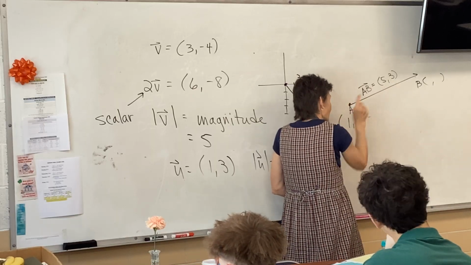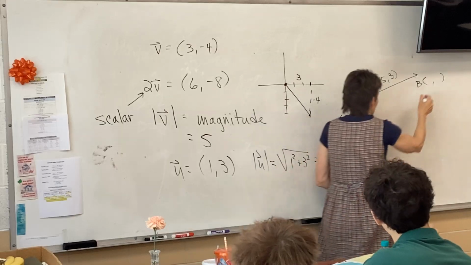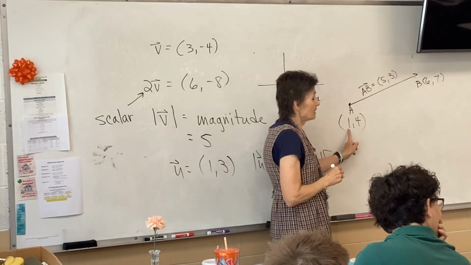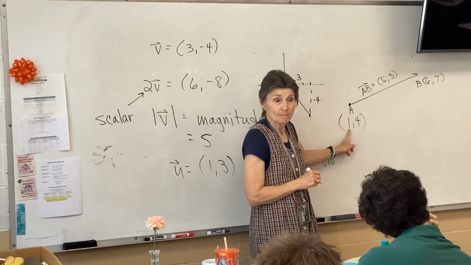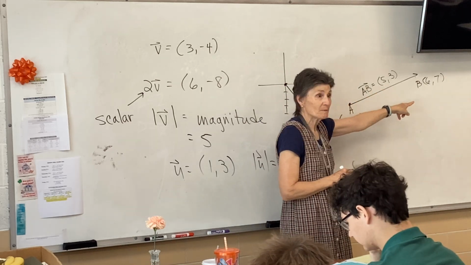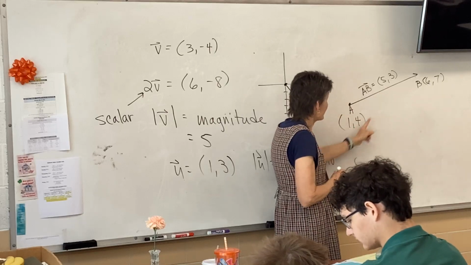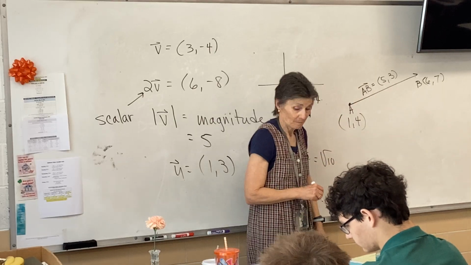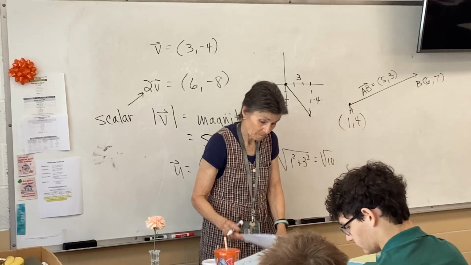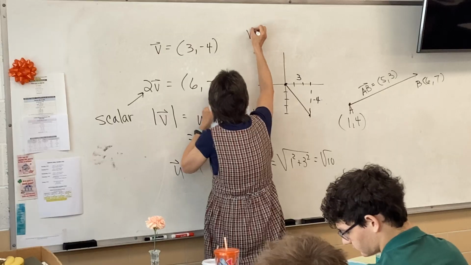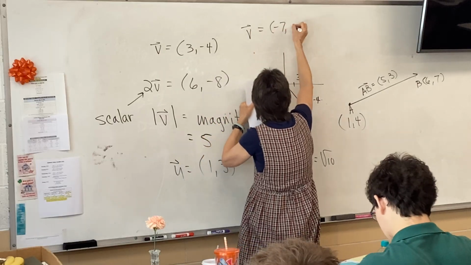So what do you think that point is right there? 6, 7. And how do we know it's 6, 7? If we're starting at 1 and traveling 5, we're gonna end up at 6. If we're starting at 4 and traveling 3, we're gonna end up at 7. Pretty easy stuff. All right, let's look at D. Now we have 2 random vectors.